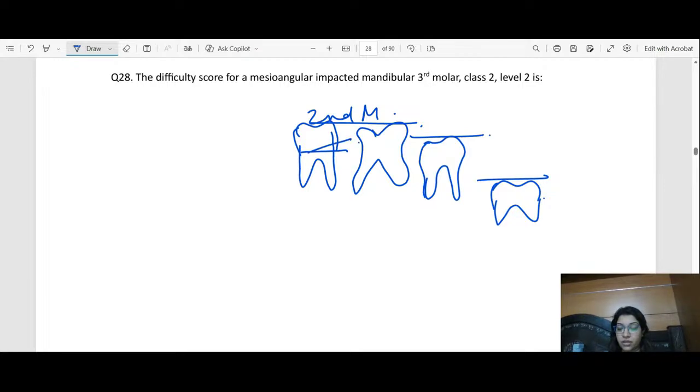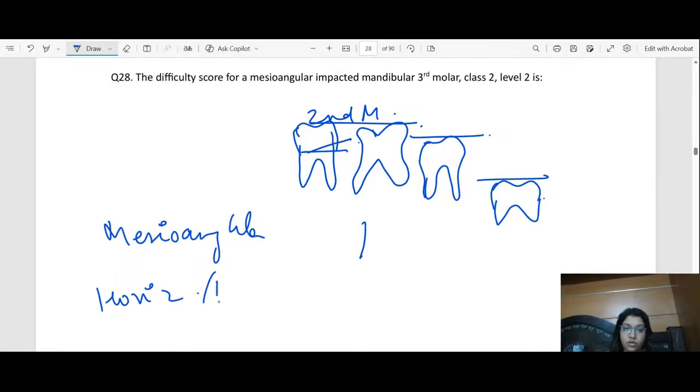So we will see the difficulty index based on these 3 points. Firstly, remember based on the angulation, easiest is mesioangular. So mesioangular is given difficulty index 1. Horizontal or transverse is given 2, vertical is 3, and distoangular is 4.